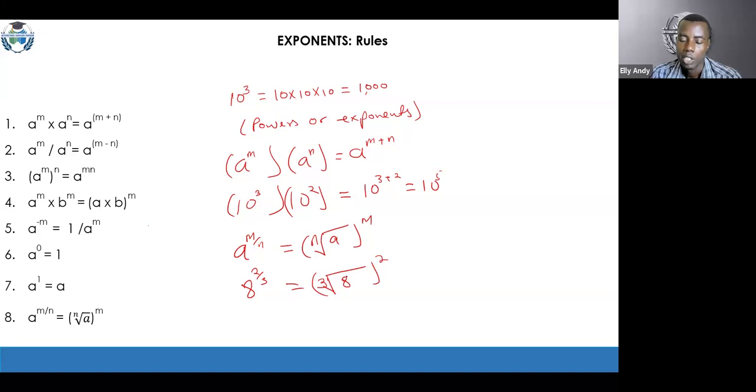And the cube root of 8, of course, is 2, because 2 times 2 times 2 will give us 8. So this is the same as 2 squared, which is of course 4. So having this at your fingertips is something you need to really consider if you are preparing for the GRE.